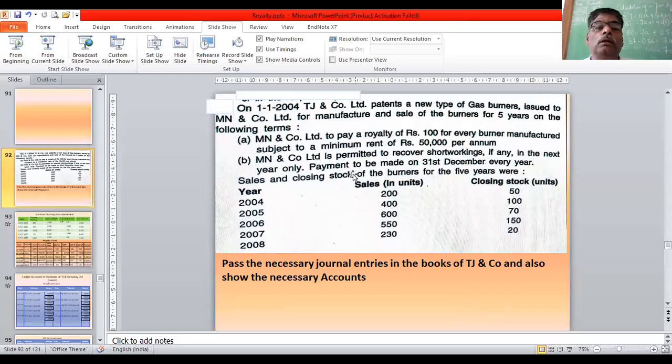You see the recovery point. The company is permitted to recover short working in the next year only.